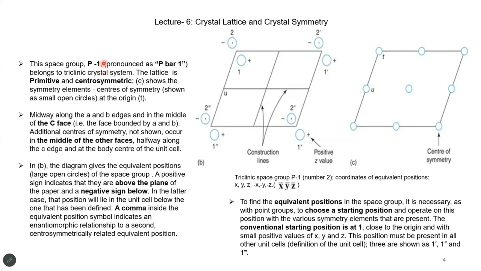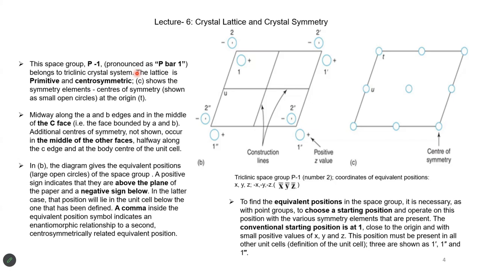I'm sorry that I could not find the bar 1 character on the computer, and therefore I wrote it as -1. In many books it is written -1, but it is pronounced bar 1. The second space group, number 2, is P bar 1.